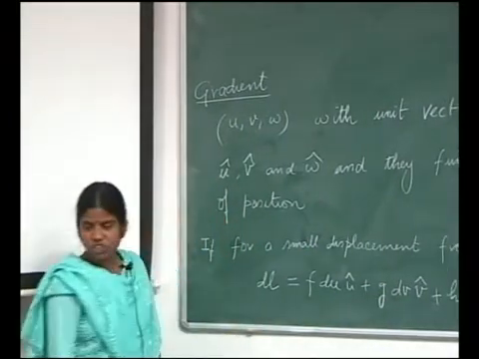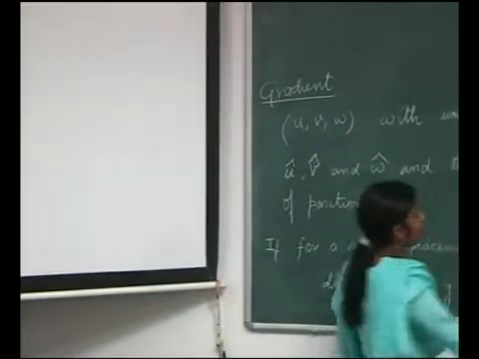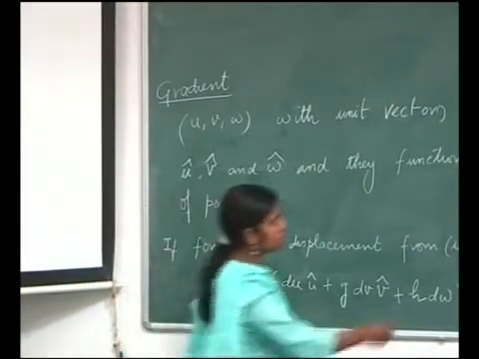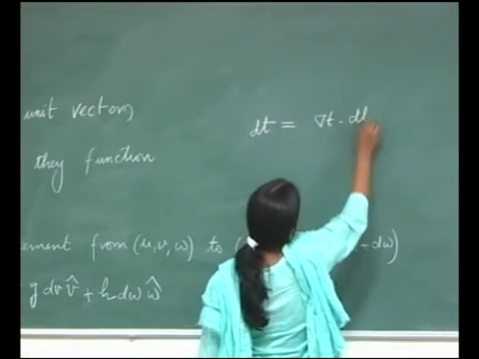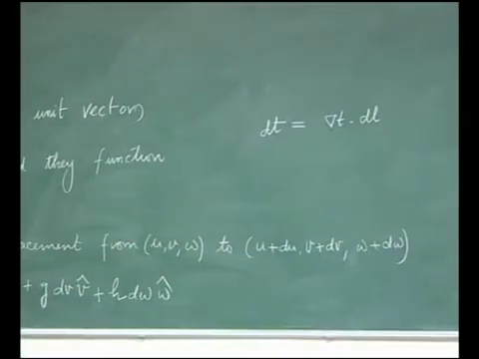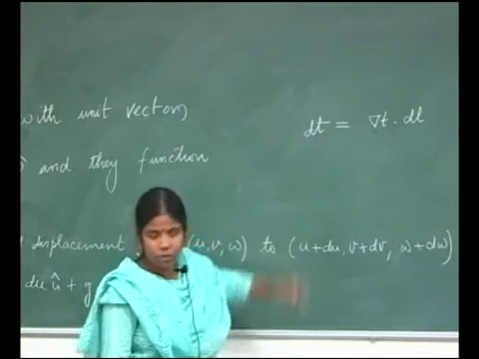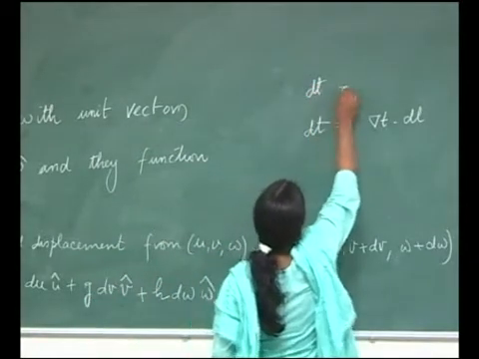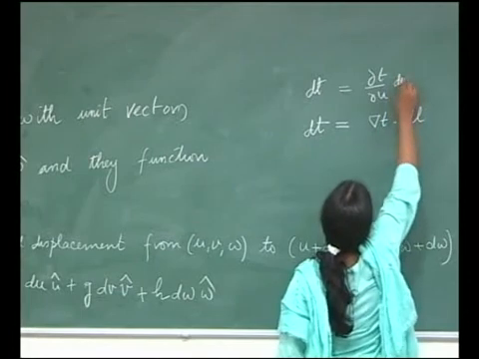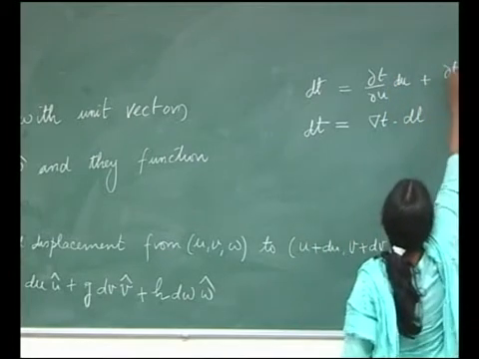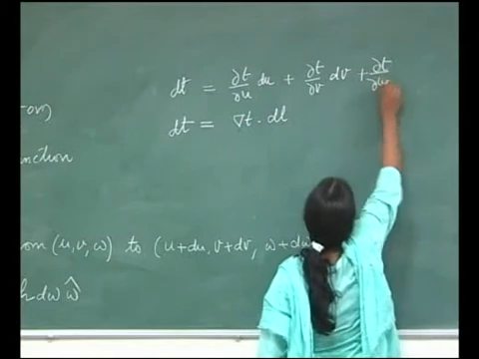Now if I have a scalar function t, which is varying in u, v and w, then for this displacement vector dl, the total change dt will be equal to del t dot dl. How did this come? Let me write a step above. You remember the gradient, when we calculated the gradient, so we wrote from the rule of partial differentiation that dt is equal to del t by del u into du plus del t by del v into dv plus del t by del w into dw.